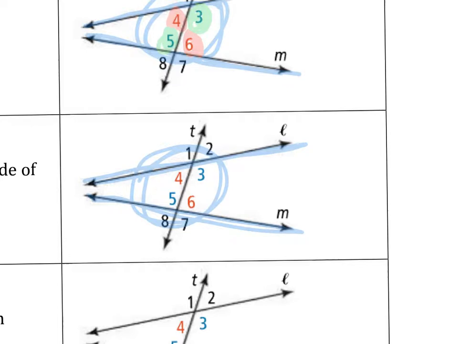That tells me that I'm going to say 3 and 6 are on the same side. So you're just basically going around in a circle like this. Or on the other side, same thing, around in a circle. So 3 and 6, or 4 and 5. So right here. So they're on the same side. They're in between my two lines.